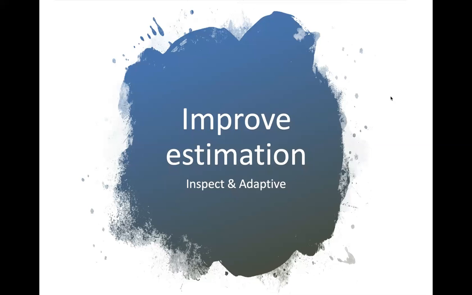If we inspect the previous sprints, the team will give better estimations every time they come to a new sprint. That is called adaptive. We should learn from our past, and with this learning, we should adapt to new things when we provide new estimations for the new sprint.